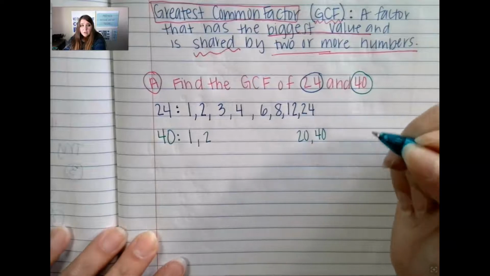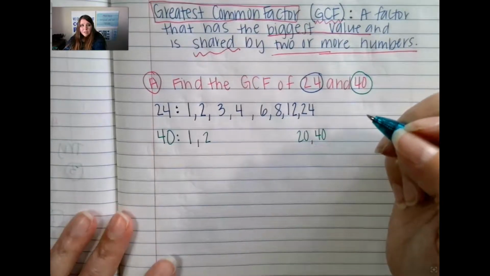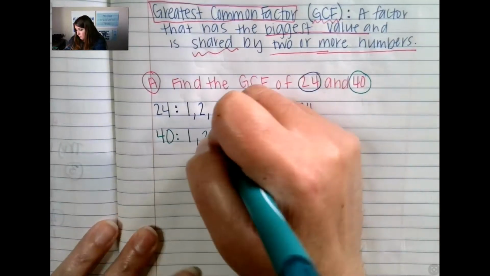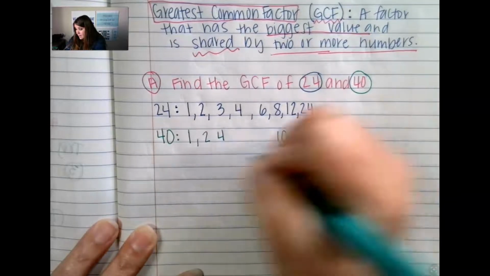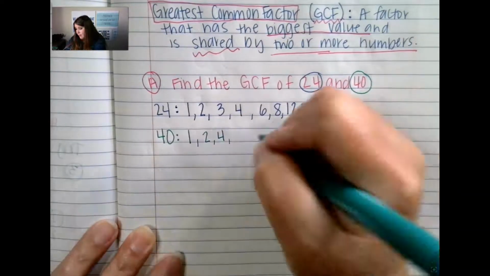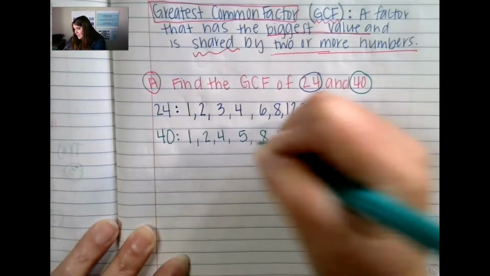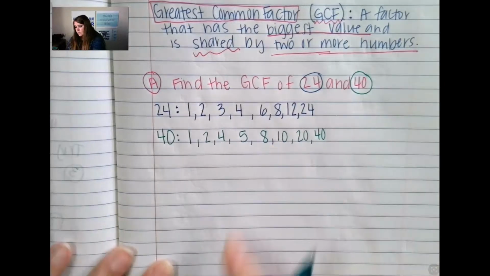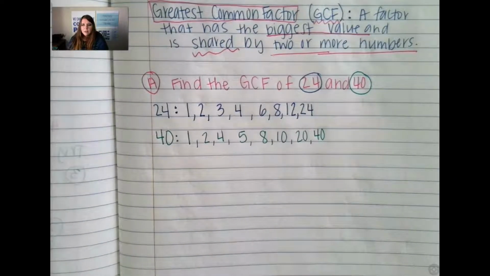That's a factor. 3, no, 3 doesn't go into 40, but 4 does. 4 times 10 equals 40. What about 5? Yep, 5 times 8. 9 doesn't work. 6, no, 6 doesn't. 7 and 6 is 42. So those are the numbers.